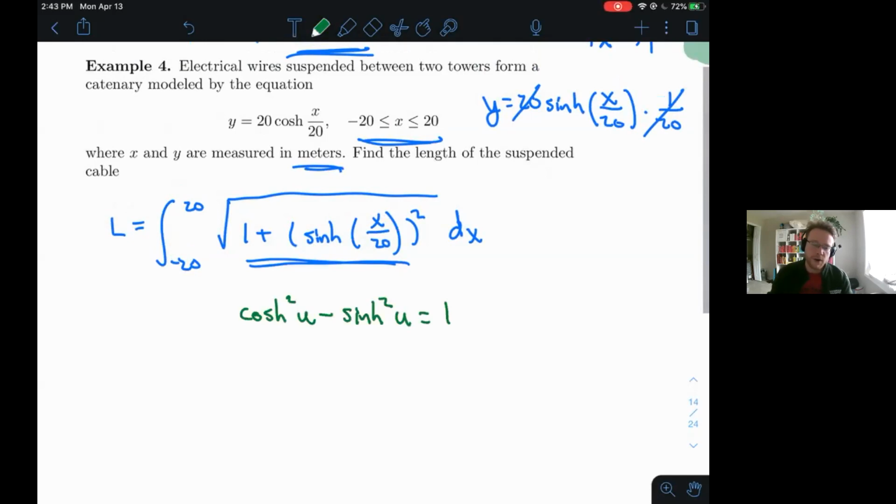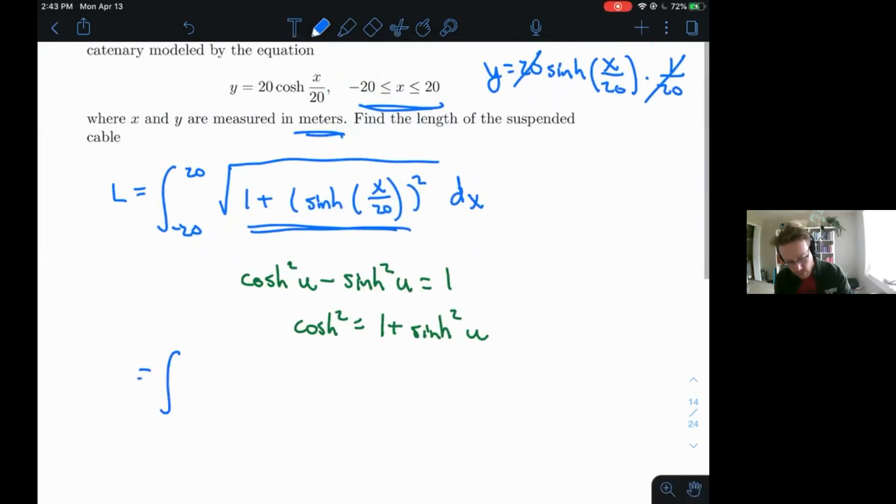If you rearrange this, we can see that hyperbolic cosine squared is the same thing as 1 plus hyperbolic sine squared. So here we have 1 plus hyperbolic sine squared, and we can exchange this in for hyperbolic cosine squared. Oops, I forgot my u here.